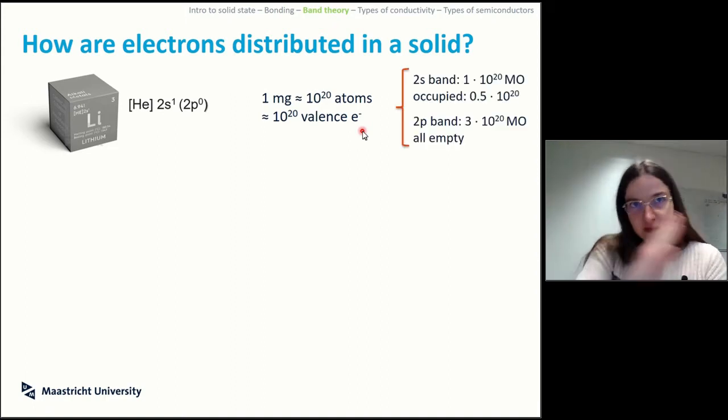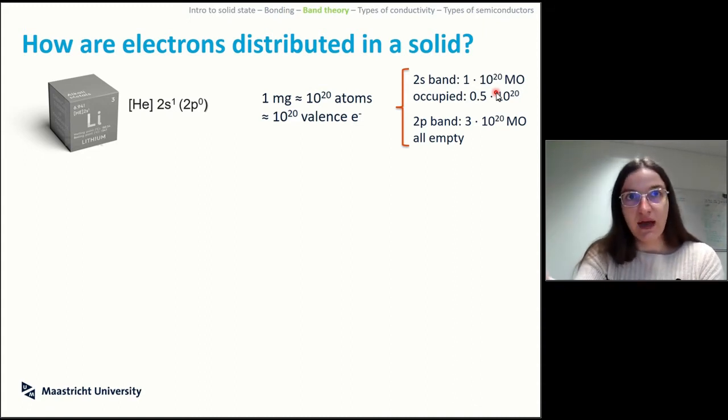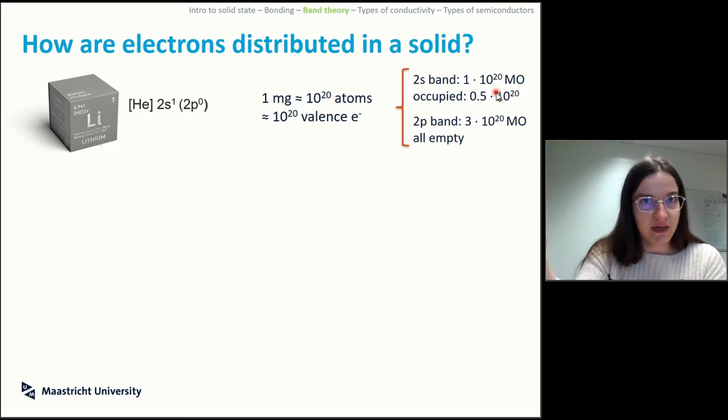If you make the sequence of the 2s orbitals, there will be 1 per atom, so 10 to the 20, and these are molecular orbitals, because if you put 10 to the 20 2s orbitals together, you expect 10 to the 20 molecular orbitals, of which occupied will be half of the 10 to the 20. Why? Because the Pauli principle is still a thing.